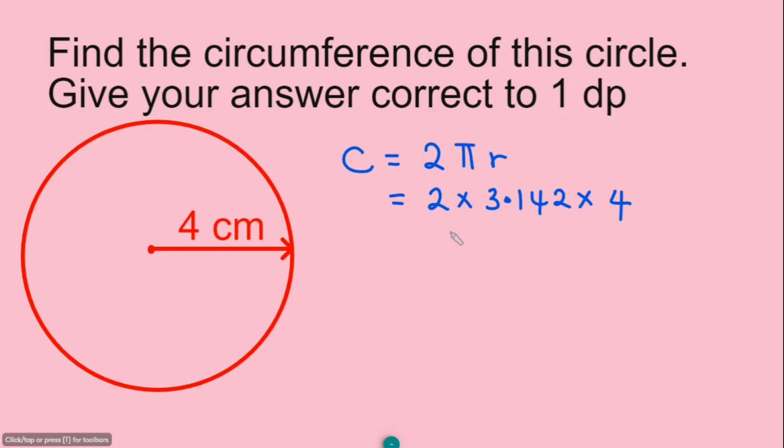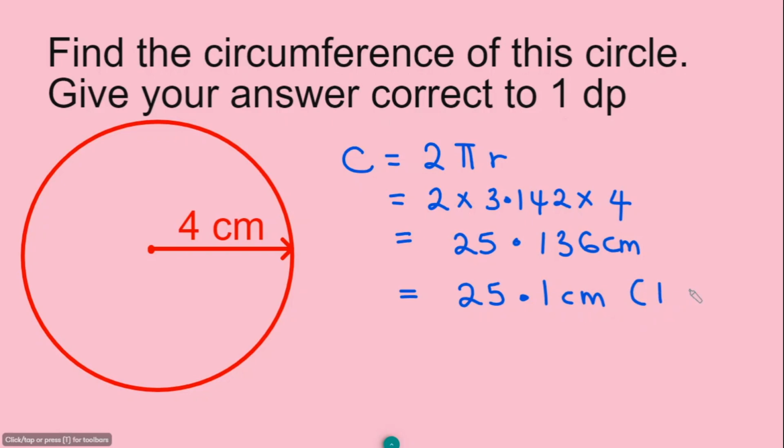If you multiply this out with your calculator, you're going to have 25.136 centimeters. Because we need to give the answer to 1 decimal place, it's going to be 25.1 centimeters. That was very easy, right?